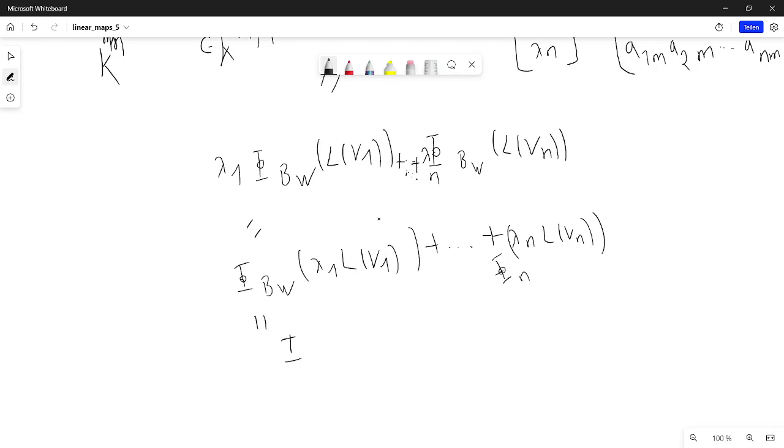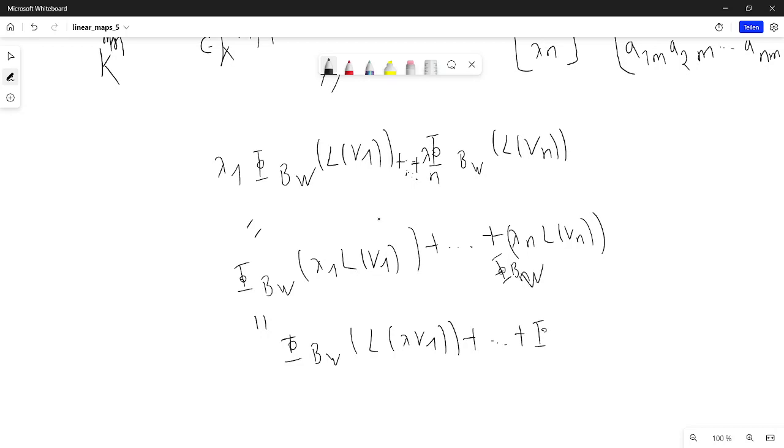Well, here we can apply linearity of that map, and we obtain now lambda in1. Could have done it much quicker, but let's do it like that.